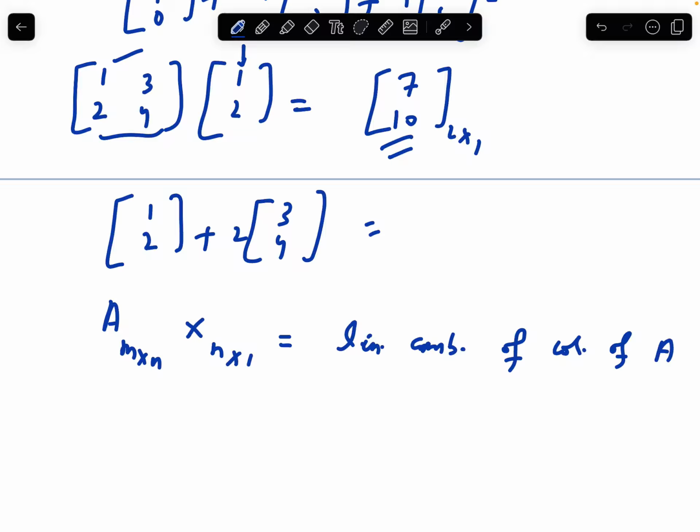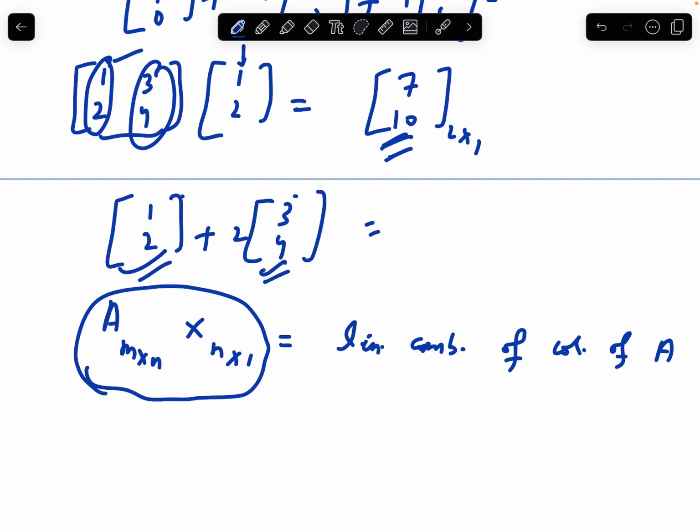You can see column 1 is here, column 2 is here. So this is a linear combination of columns of A, right? And this is equal to this. So this gives us a linear combination of columns of A. Okay.